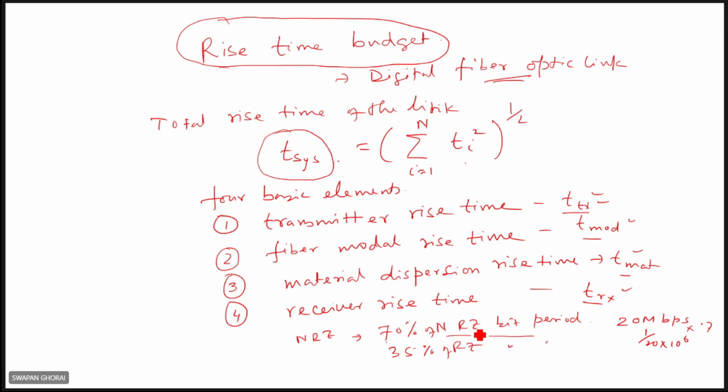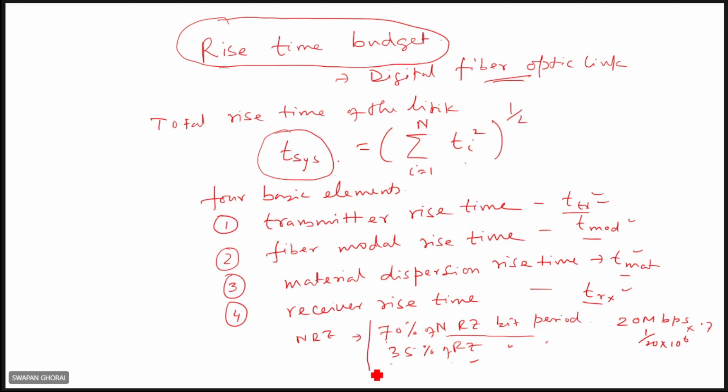So if it is an NRZ data stream, then the total system rise time should not exceed 70% of the NRZ bit period. And if it is RZ, where mid-bit transitions will be there, like RZ, Manchester, etc., then the total system rise time should not exceed 35% of the NRZ bit period.